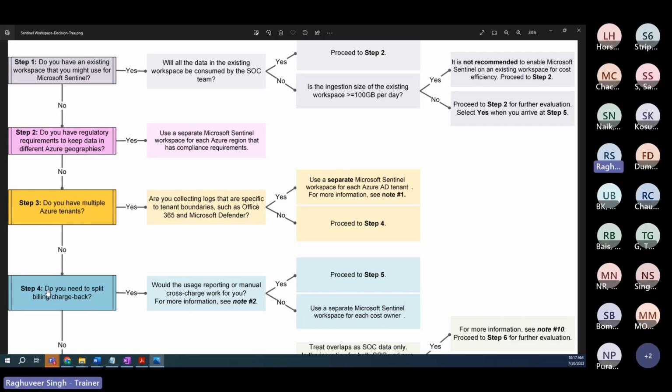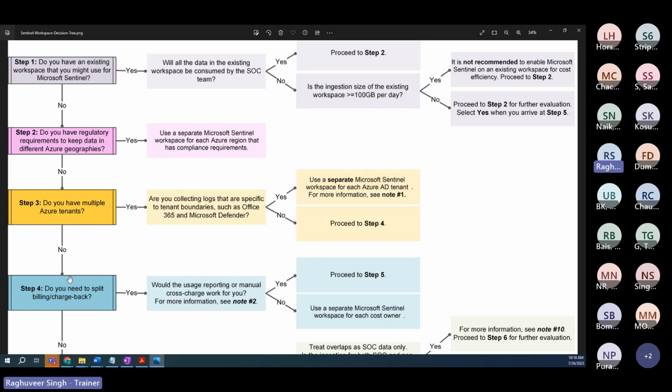At the end of the day, your customer will blame you if they get overcharged by Microsoft, or if the picture that you have shown in the ROI and TCO to convince them to go for Sentinel comes out blurry in the end, if they get more than what they were promised or initially expecting. So billing and chargeback is very important.